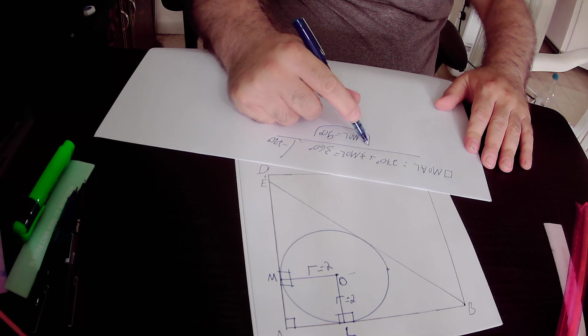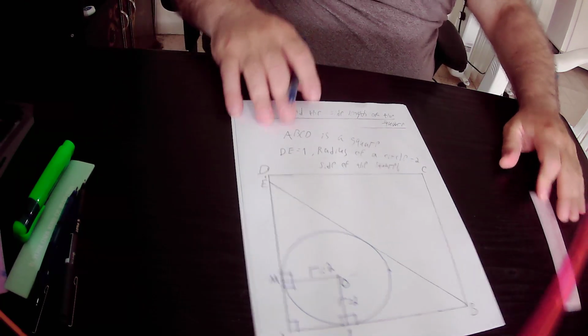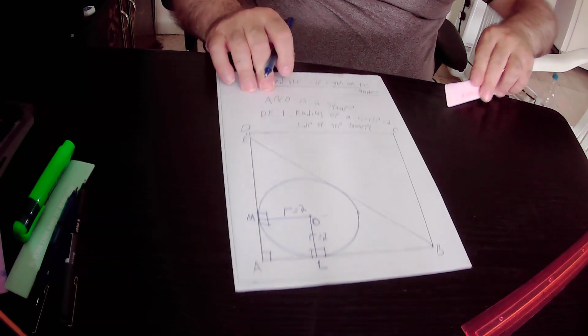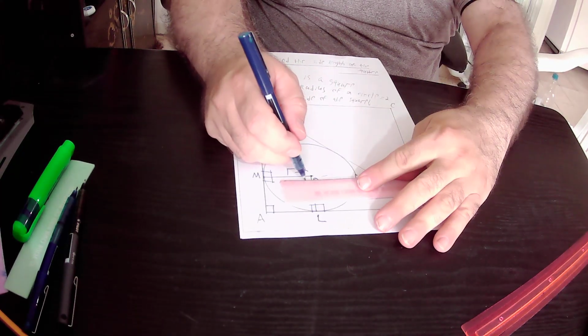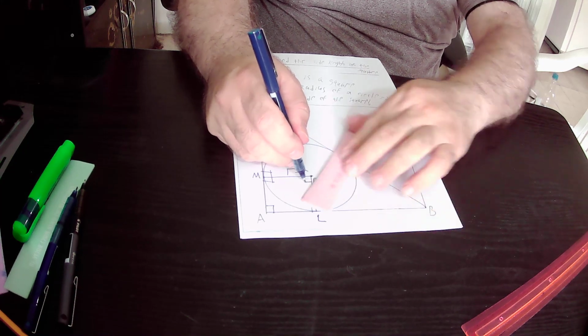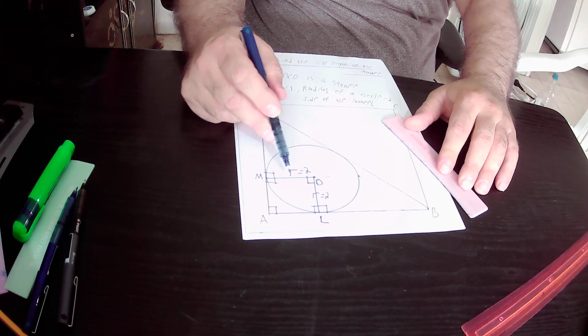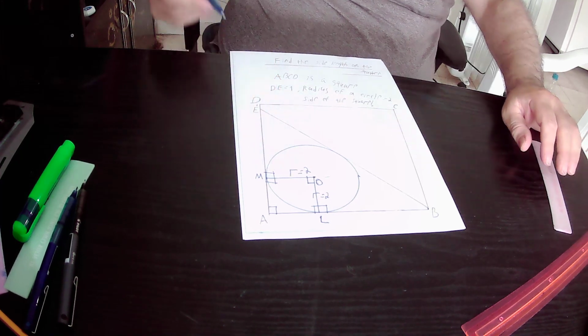So angle MOL is a right angle, equal to 90 degrees. Here, this angle is a right angle. So actually, in this quadrilateral MOAL, we have four right angles.